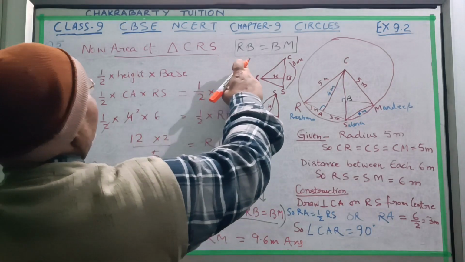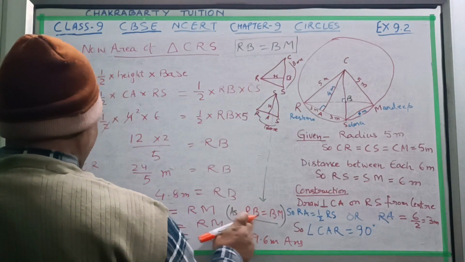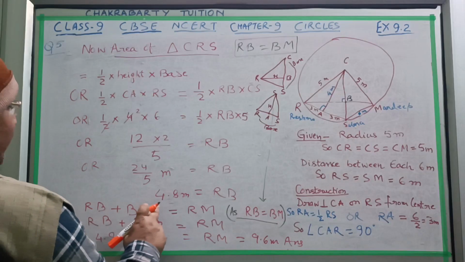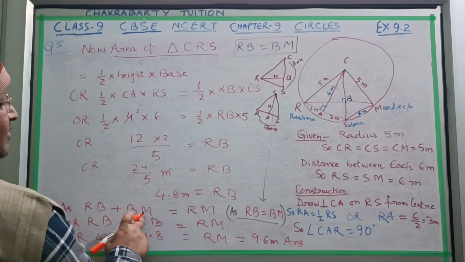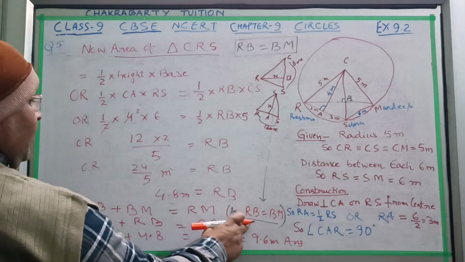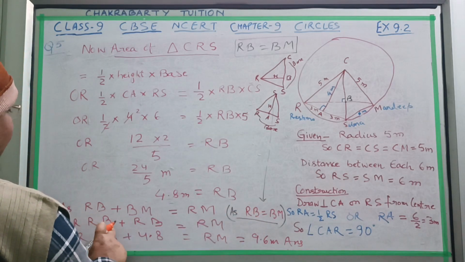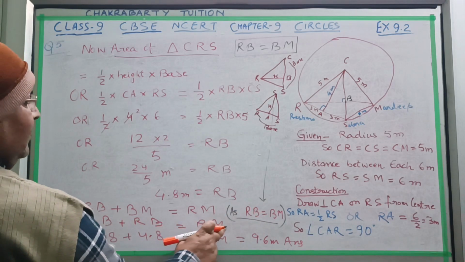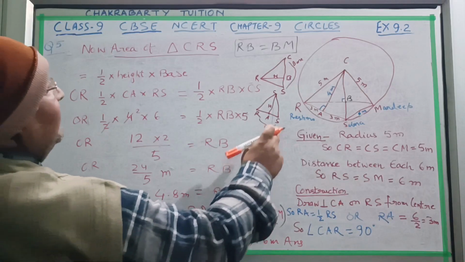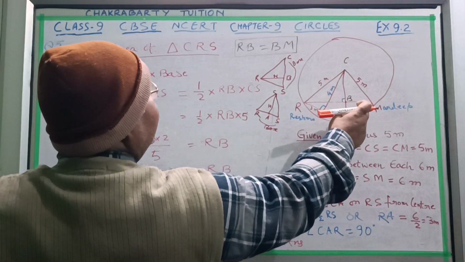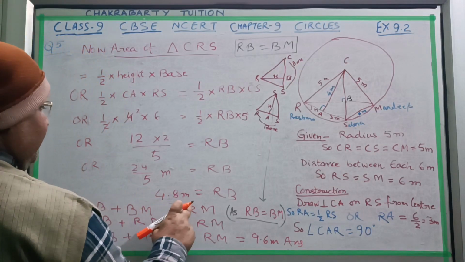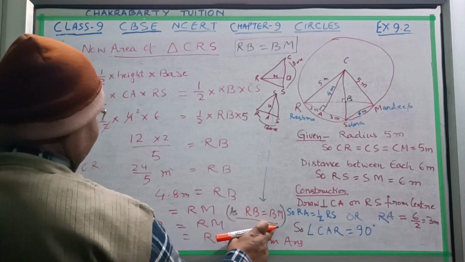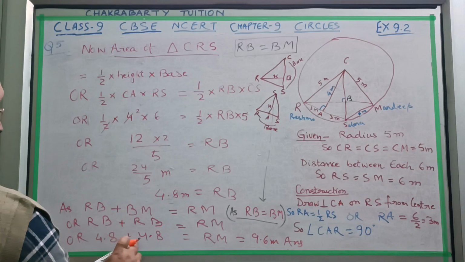Now we have already proved RB is equal to BM. It means RB plus BM equal to RM. And in place of BM, we can write RB also because both are equal. So RM will be equal to 4.8 plus 4.8.